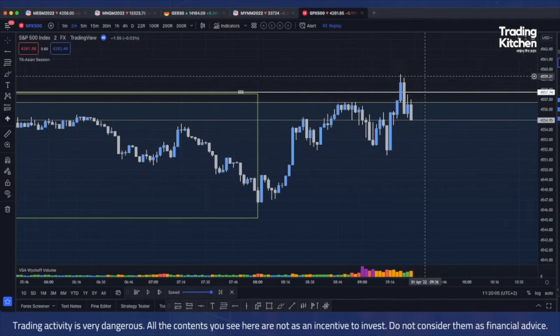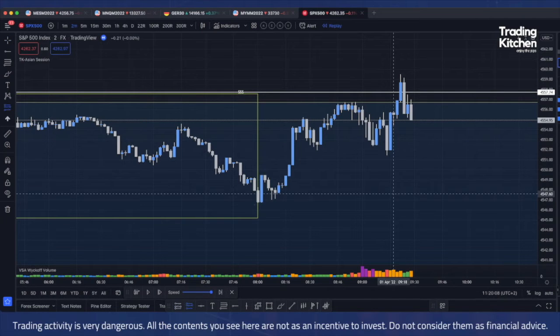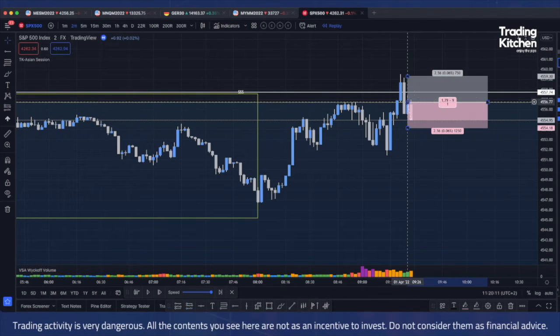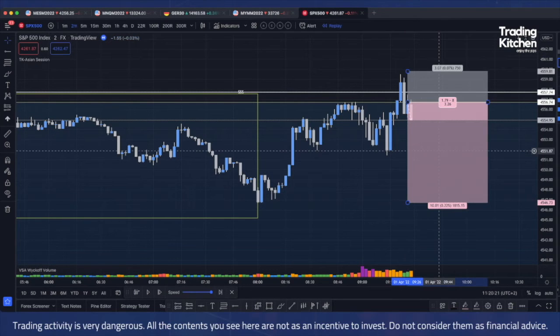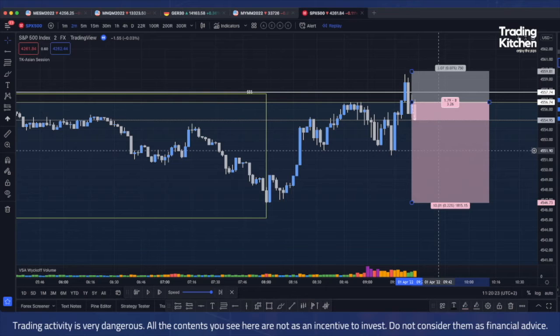This is an engulfing. So the first trade that we can do is this one. On the retest, the stop loss will be this one, and risk reward 1-3. Okay, so this is basically one of the possible entries.